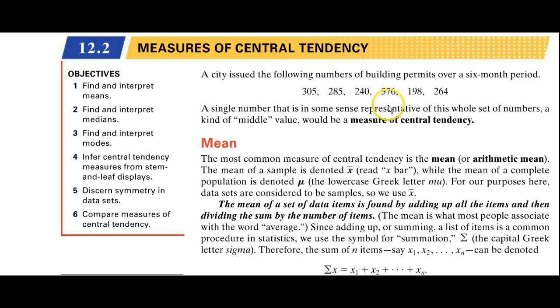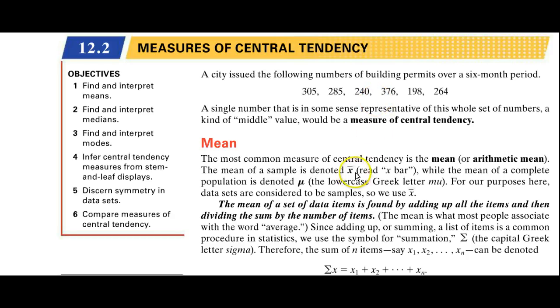One of the most common is what we used to call the average, but in this section we'll call it the mean. And here they're saying this mean, or the arithmetic mean, simply is the sum of all of these divided by the number of months in this case.